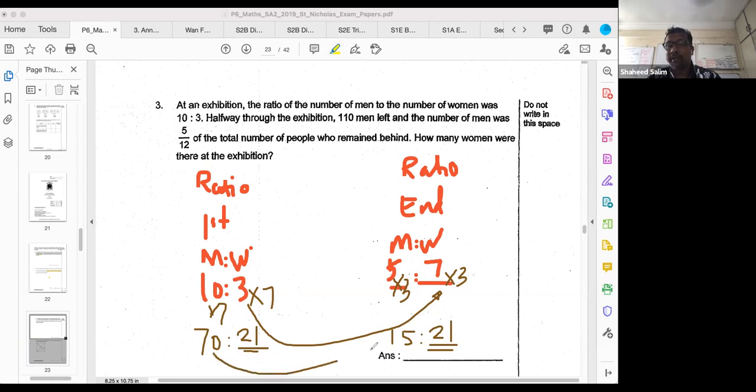Men changed from 70 to 15. What is the drop? 70 minus 15, 55 units. 55 units is equal to 110 men. Now you can solve 1 unit, how much? 110 divided by 55, get 2 men. Then women, 21 units, you times by 2, 42.